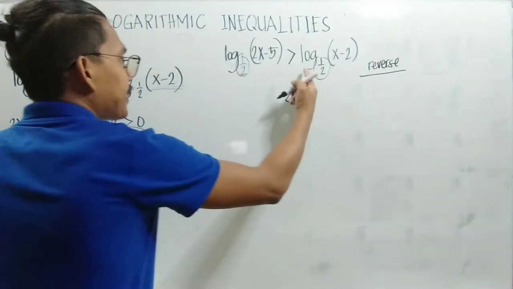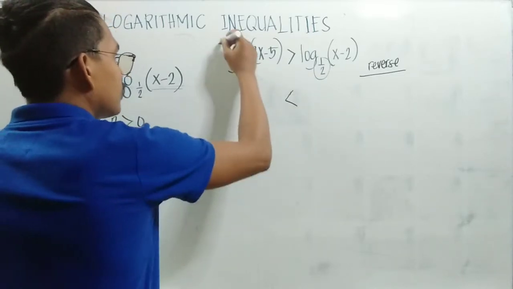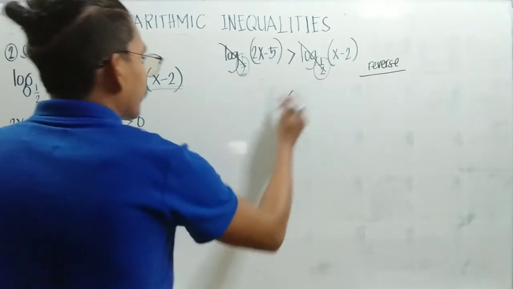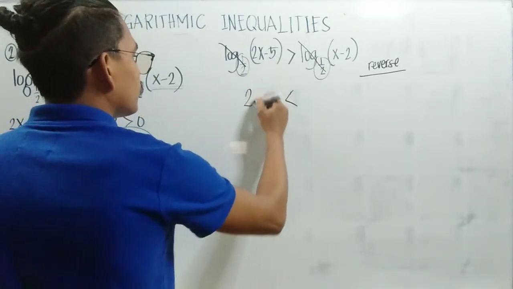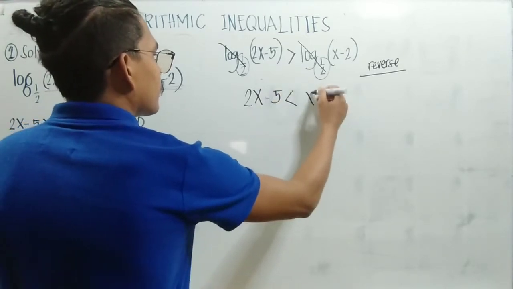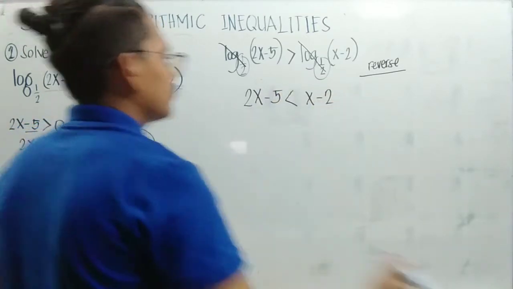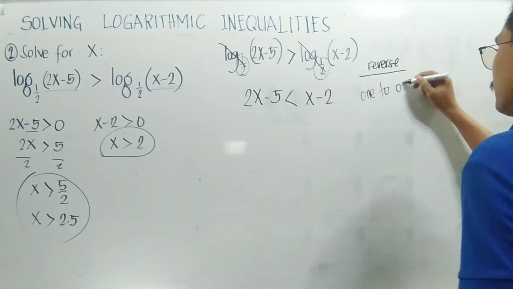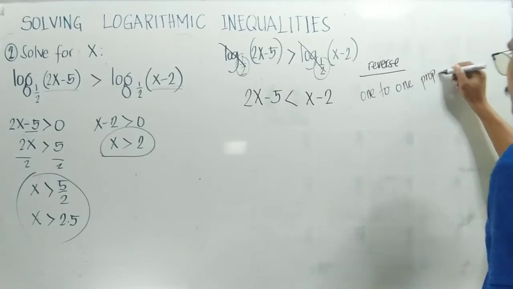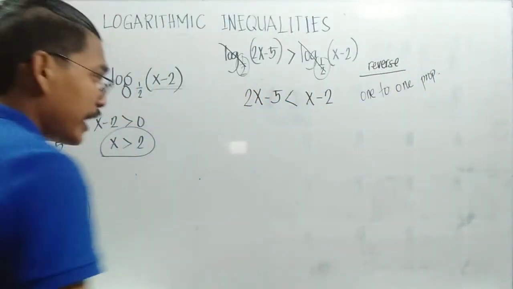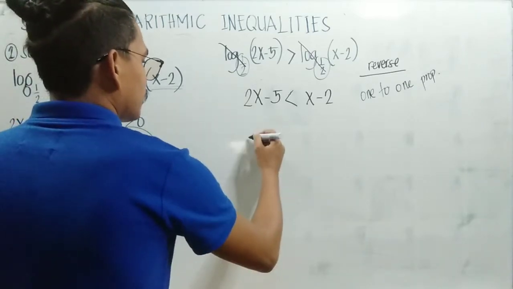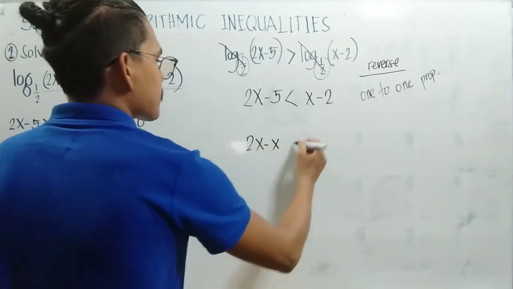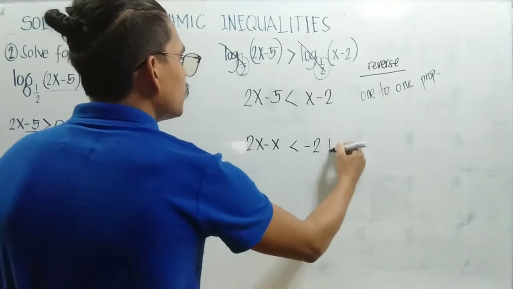Okay? So if you can identify our bases are the same, using your 1-to-1 property, the bases are disregarded and we will solve for 2x minus 5 and x minus 2. So we used 1-to-1 property. Now let us isolate x on the other side. So we have 2x minus x and negative 2 plus 5.